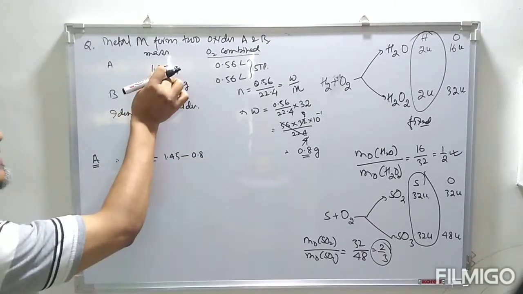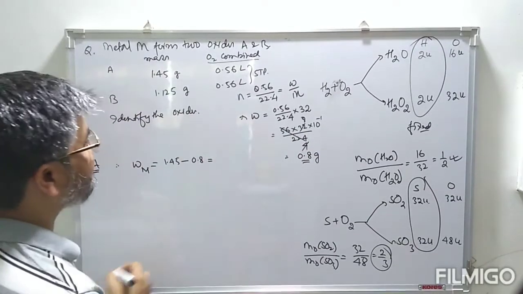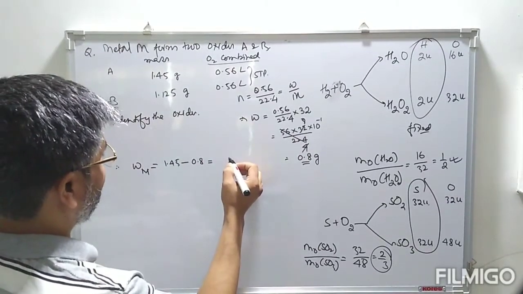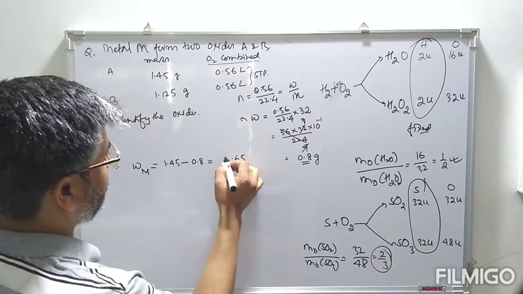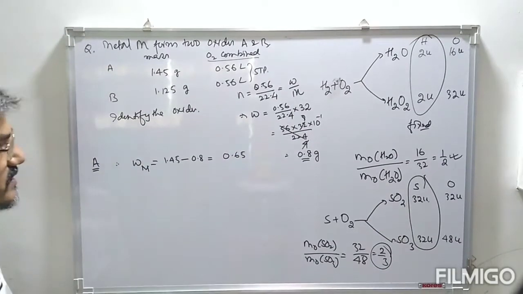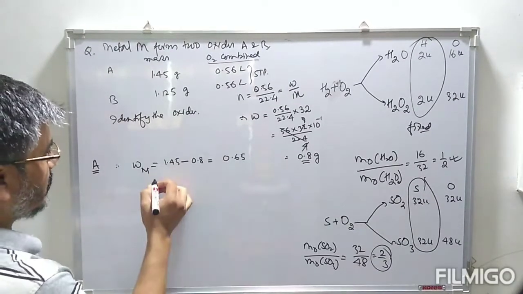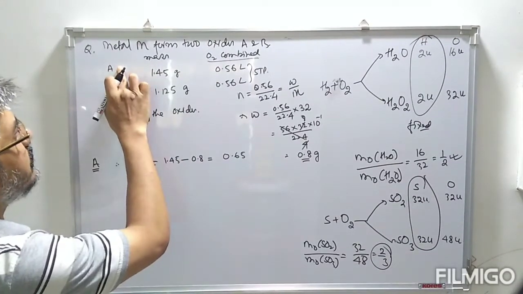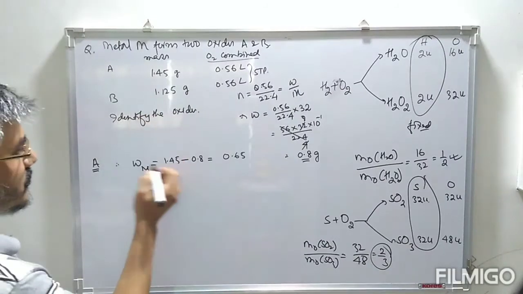This is the total mass of metal and oxygen, this is the mass of oxygen. So this comes out to be 0.65. So therefore look at this, the metal to oxygen ratio.